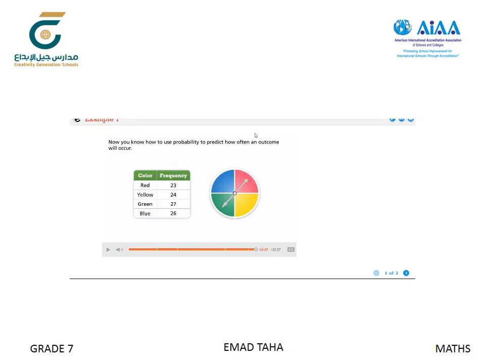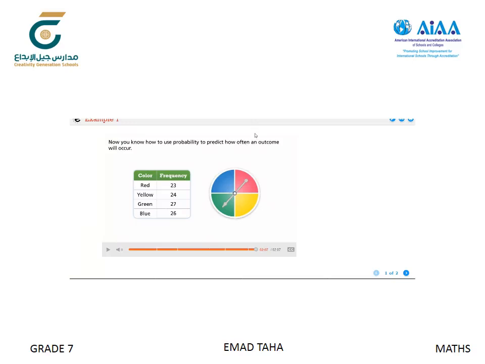The total is 6 outcomes, and 1 represents 1 chance out of 6. So the probability of appearing 1 is 1 over 6. Also 2, the same, 3, 4 and 5, because all faces of the cube are equal. So the chance for any number has the same probability, 1 over 6.